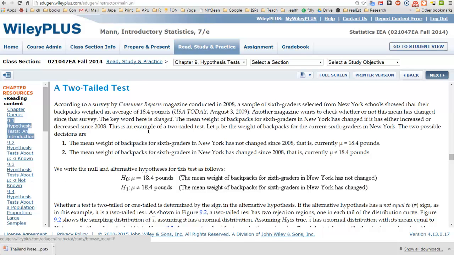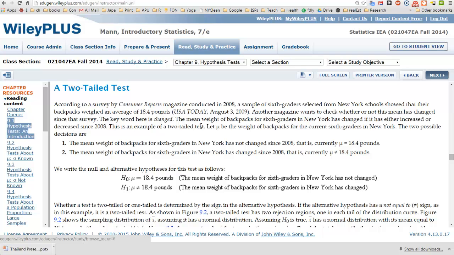So the details are that there's a magazine that conducted a survey in 2008, and they looked at 6th graders and the average weight of their backpacks, and it turned out to be 18.4 pounds. Now another magazine wants to check whether this has changed since that survey.